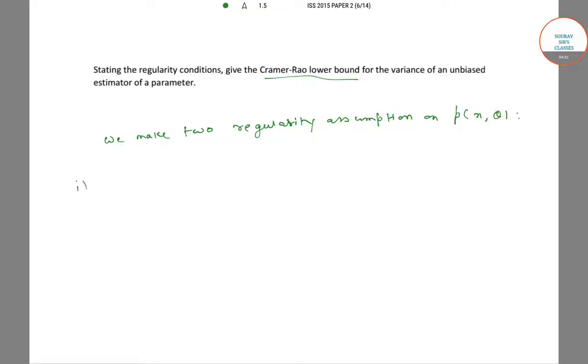Number one, that the set A, which is the set of x where p(x, theta) is greater than 0, does not depend on theta.